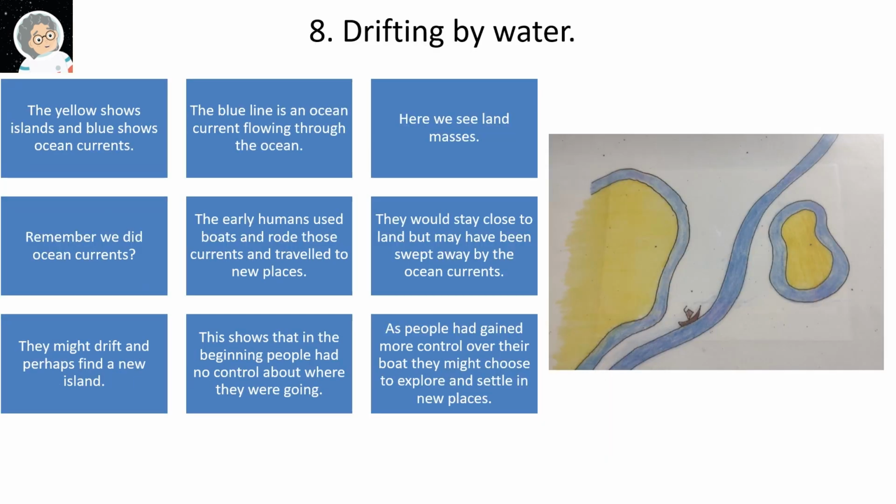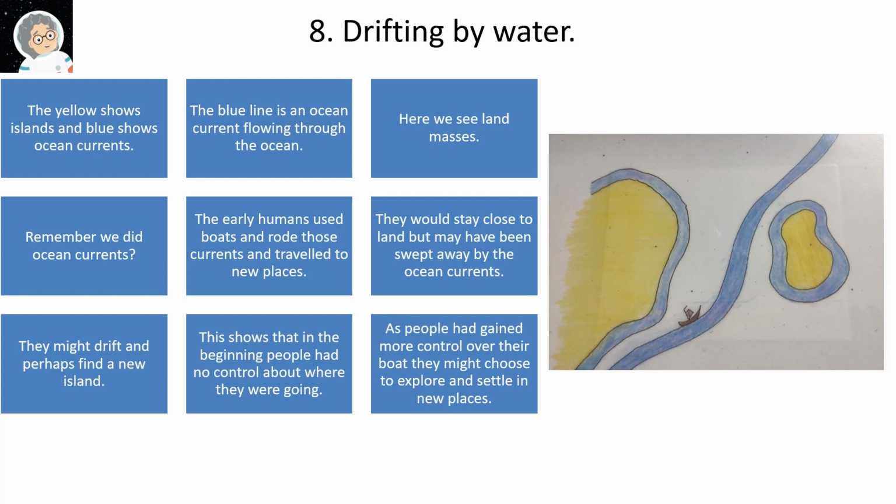8. Drifting by water. The yellow shows islands and blue shows ocean currents. The blue line is an ocean current flowing through the ocean. Here we see land masses. Remember, we did ocean currents. The early humans used boats and rode those currents and traveled to new places.